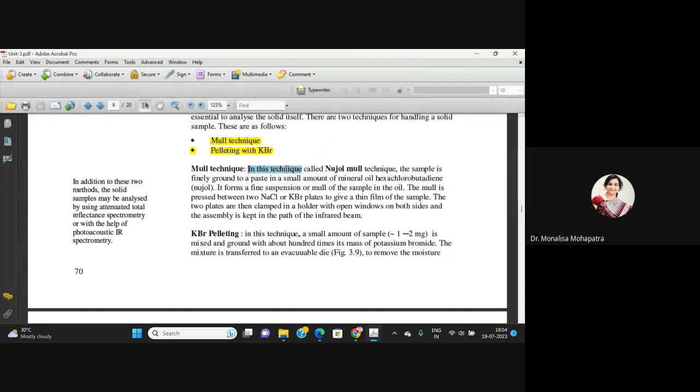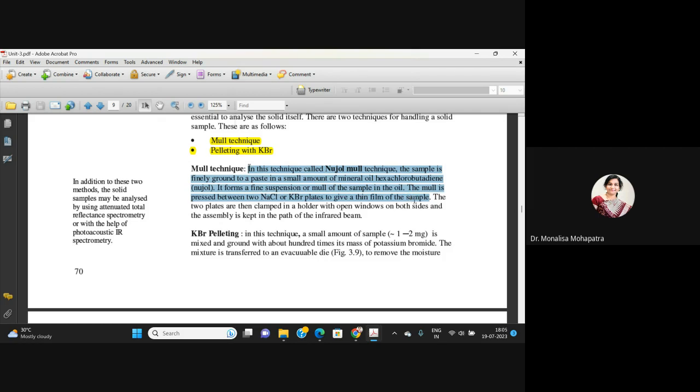In this technique, called the Nujol mull technique, the sample is finely ground to a paste in a small amount of mineral oil, which is known as Nujol. It forms a fine suspension, which we call a mull, of the sample in oil. Then that mull is pressed between NaCl or KBr plates to give a thin film of the sample.